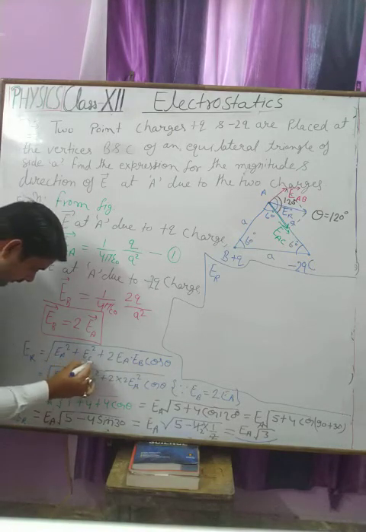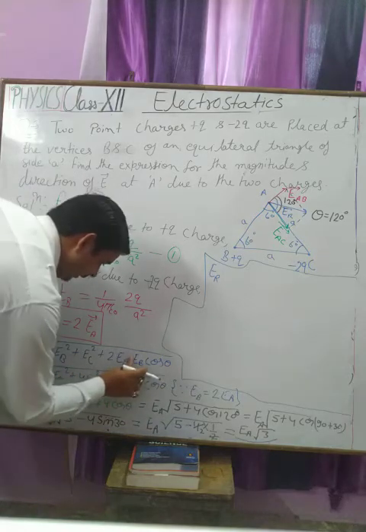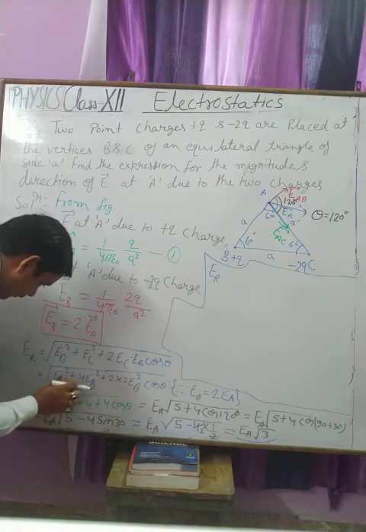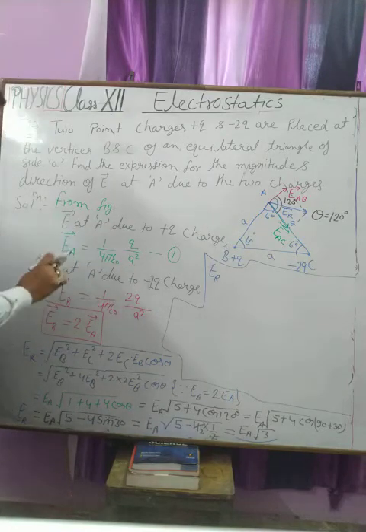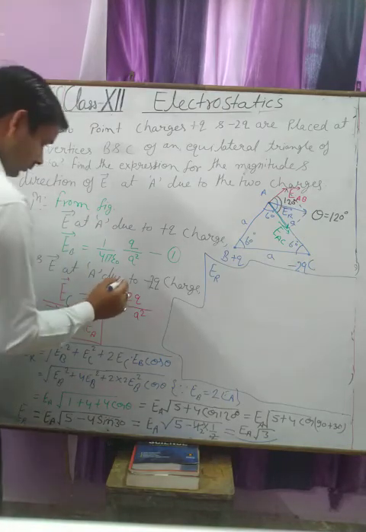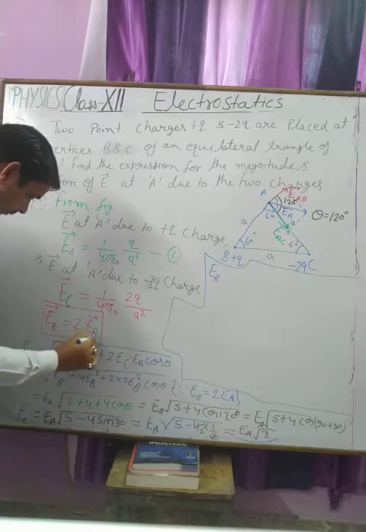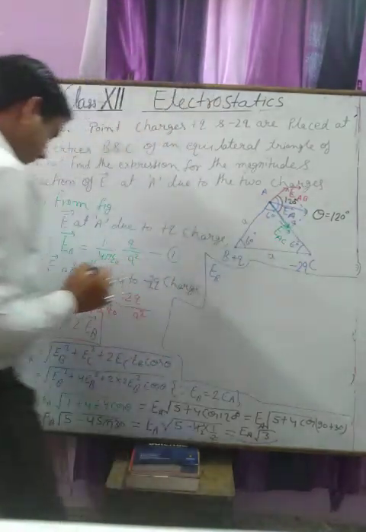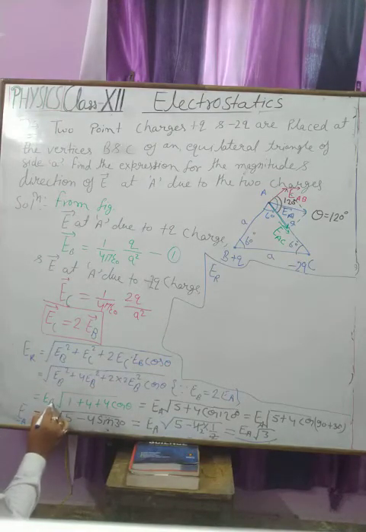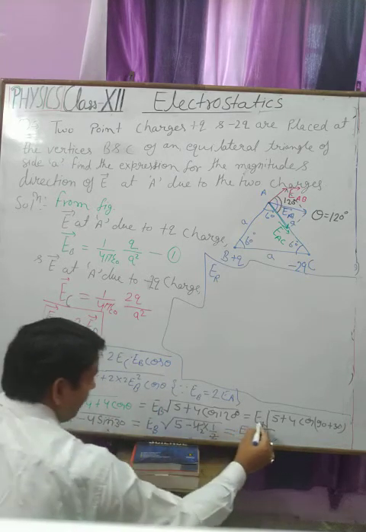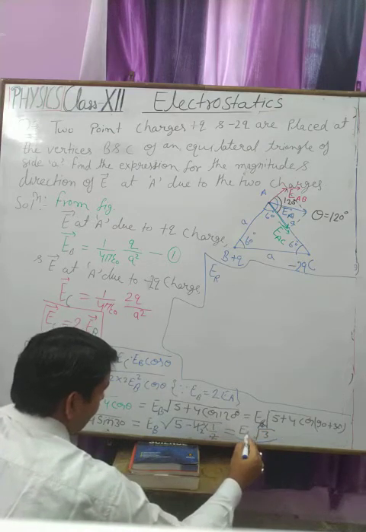This is C, this is B. We are using B here, because this is due to B and this is due to C. So the resultant electric field is EA.